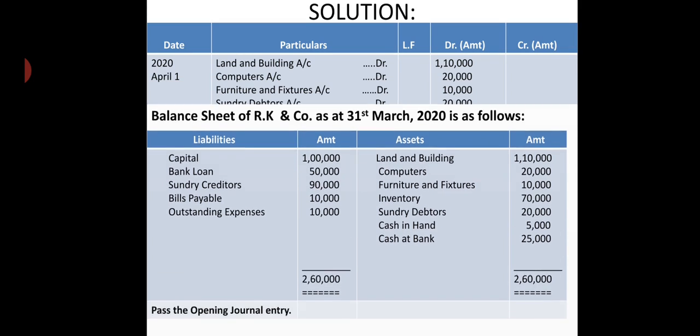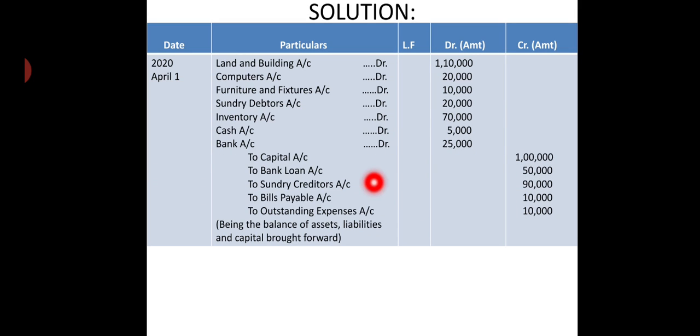Just find out all the assets are debited with the amount given in the question itself. And all the list of liabilities and capital along with the capital amount in the liability side, all those items are credited with the value given in the balance sheet.